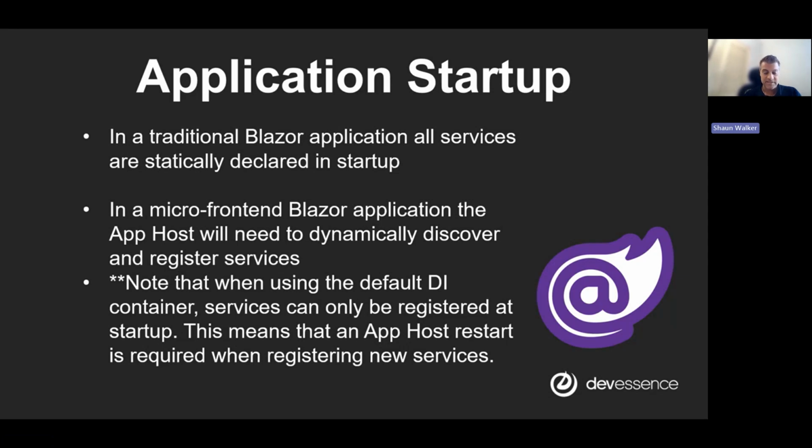Because this is a limitation of the default DI container within .NET. It's only going to be able to do service registration logic at startup. There are other DI containers that exist in the .NET community, like some of them are open source.